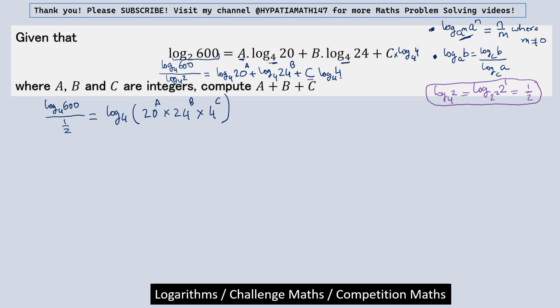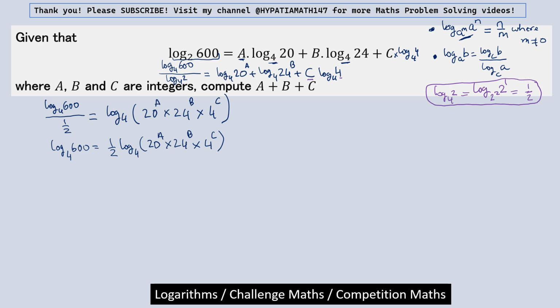So I think it is clear. There's nothing very difficult about this when you use the properties. It's very easy. So then this becomes log to the base 4 of 600 equals half log to the base 4 of 20 to the power a times 24 to the power b times 4 to the power c.